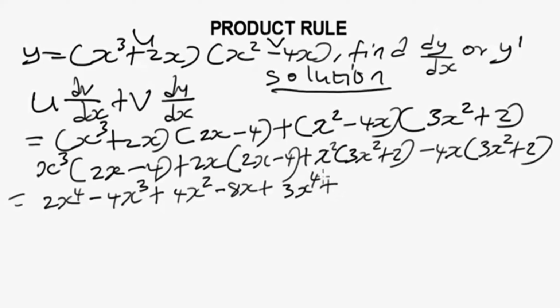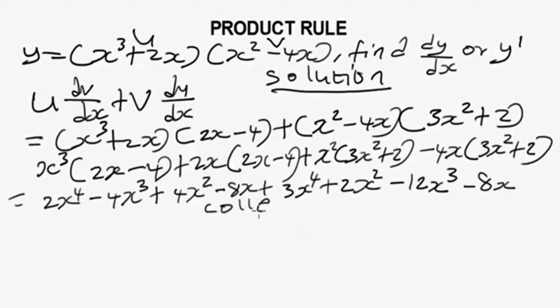Plus x squared times 2, we're going to have 2x squared. Then we have minus 4x times 3x squared, we're going to have minus 12x cubed, right? Yeah, correct, guys. Now minus 4x times 2, we're going to have minus 8x. So guys, having done this, let's collect like terms.